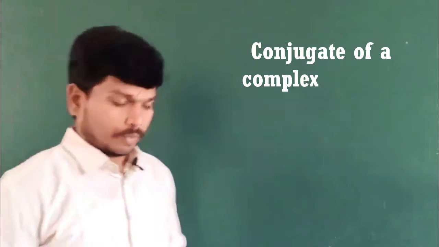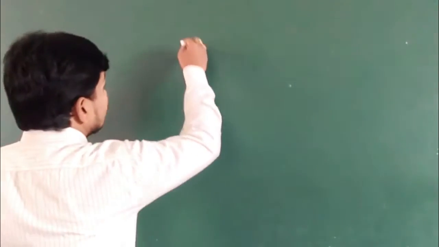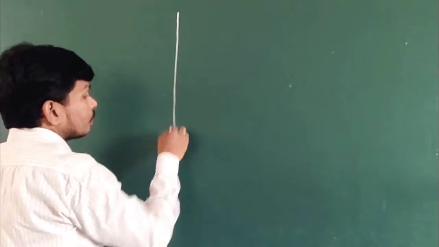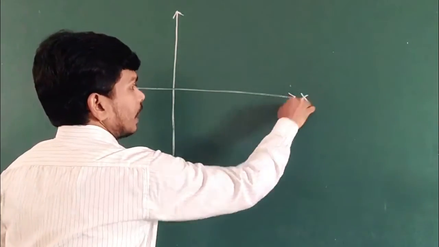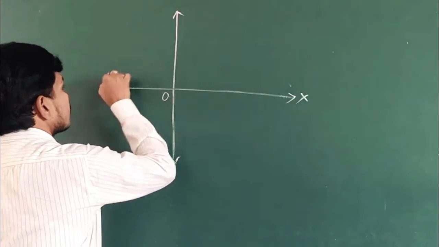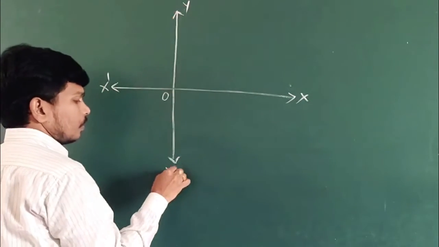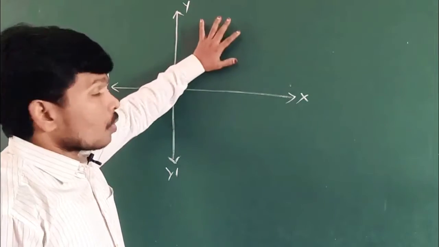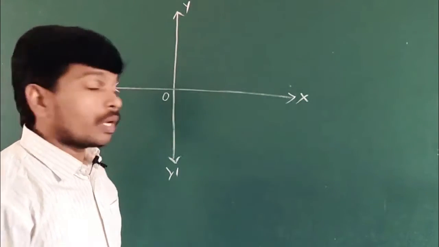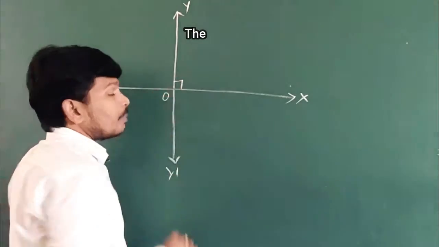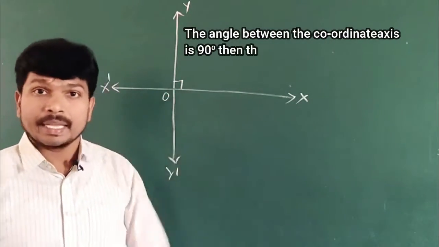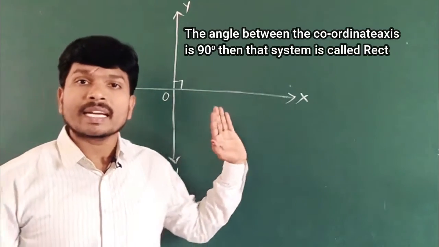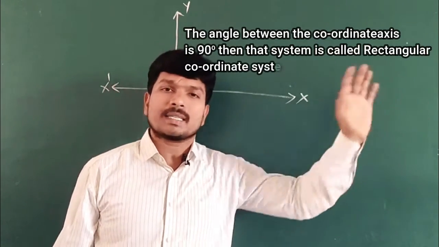So what is meant by conjugate of a complex number, we will discuss now. See here, you know this coordinate system: x'ox, y'oy. This coordinate system is called the rectangular coordinate system. The angle between the coordinate axes is 90 degrees, so that system is called a rectangular coordinate system.